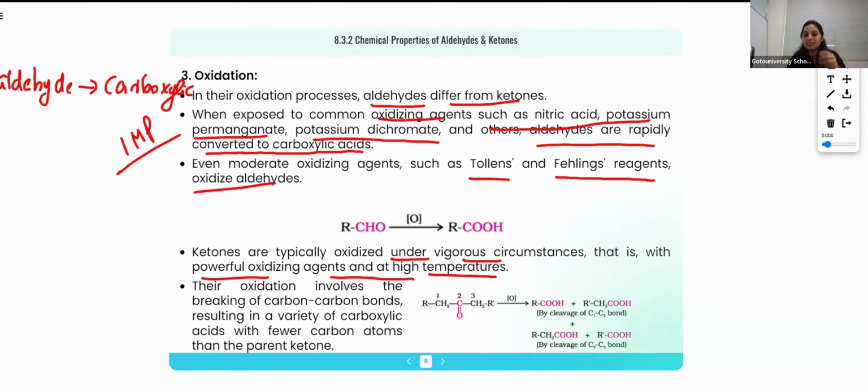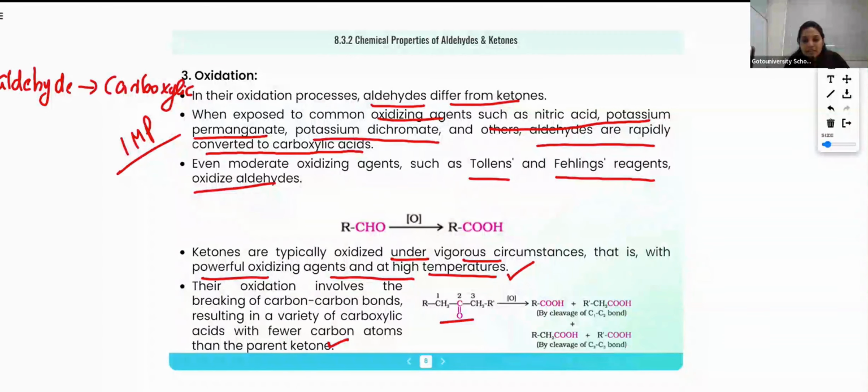But in the case of ketones, we need a strong oxidizing agent, and we also have to heat the solution. Then only the reaction will happen. That's why in practicals we are heating the solution. Got it? Their oxidation involves the breaking of a carbon-carbon bond, resulting in a variety of carboxylic acids with fewer carbon atoms than the parent ketone.